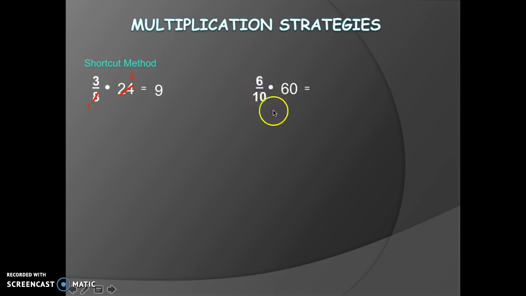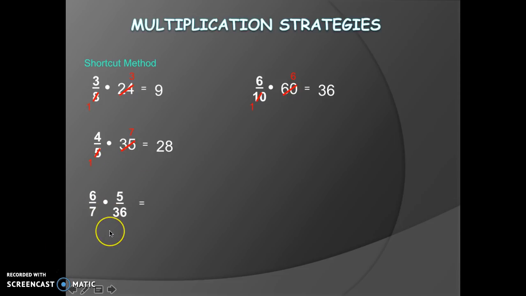Same thing over here. You could think of this as 60 over 1. Divide 60 and 10, both by 10. And then 6 times 6 is 36. Same here. 35 and 5 can both be divided by 5. And then 4 times 7 is 28.